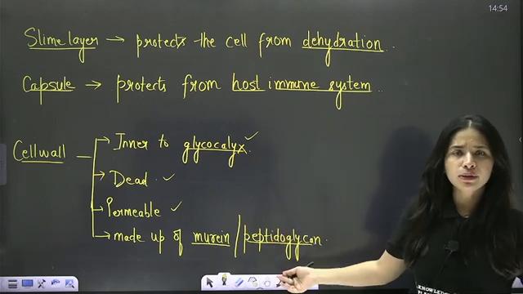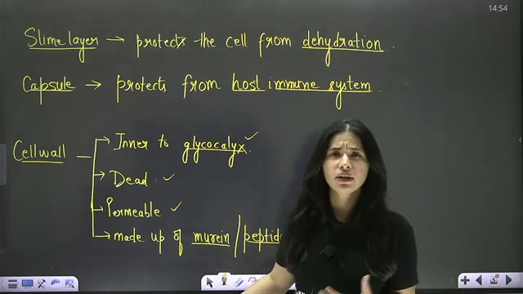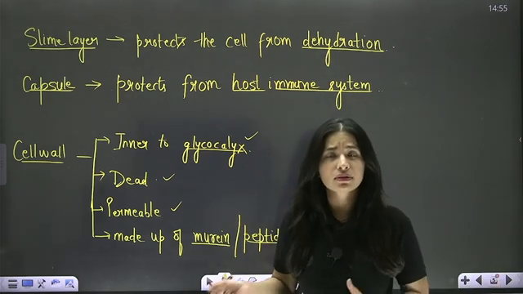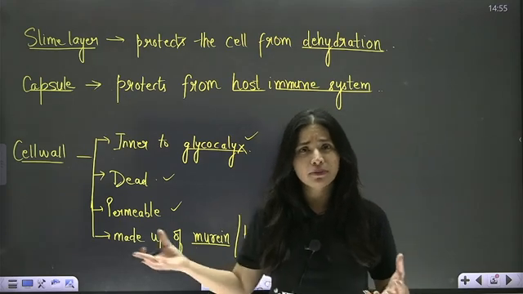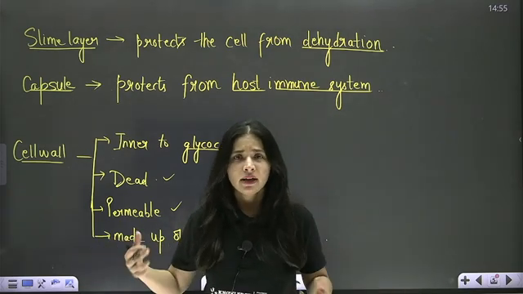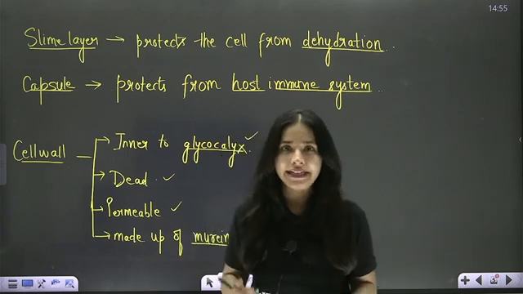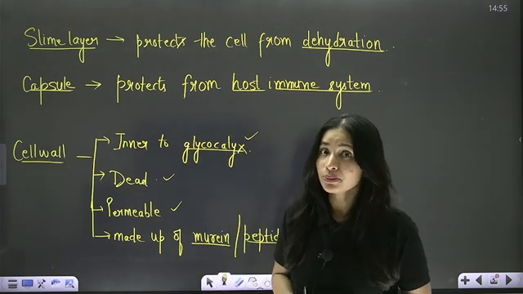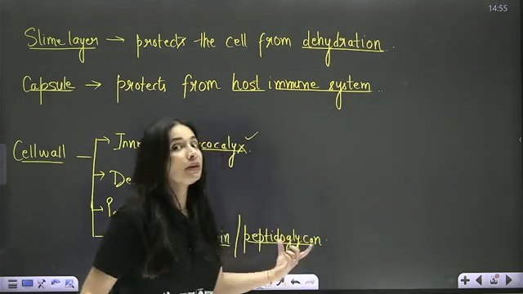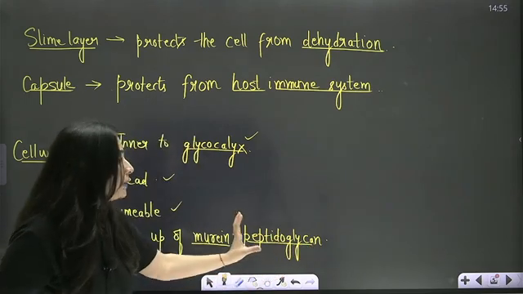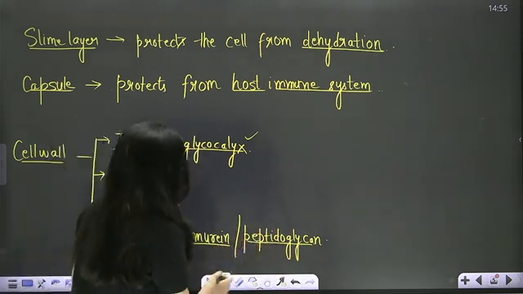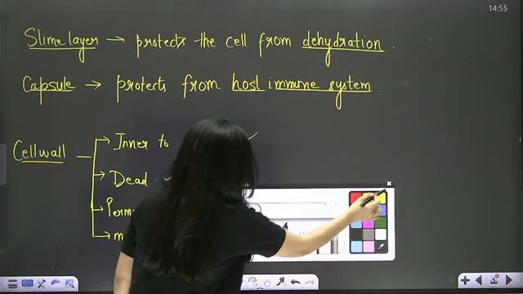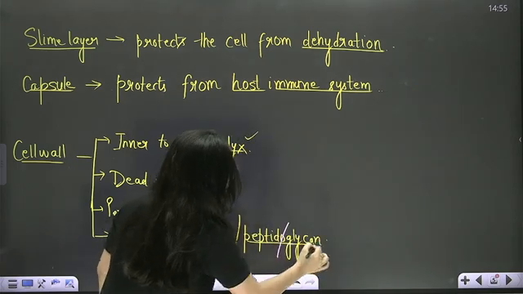Now, murein, peptidoglycan, can you just decode this word for us? Because we are not able to understand what actually the cell wall is made up of. We only know certain macromolecules like lipids, proteins, carbohydrates. But what is this peptidoglycan? Can you decode it for us? Yes, of course we can decode. Just break the word itself: peptido and glycan.